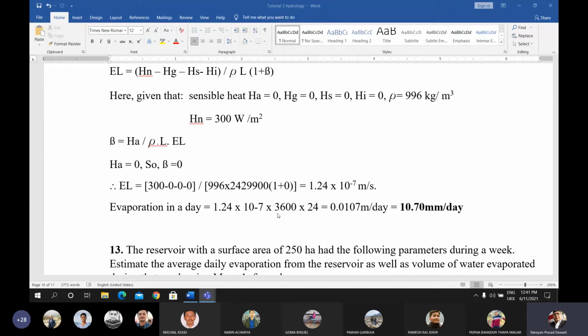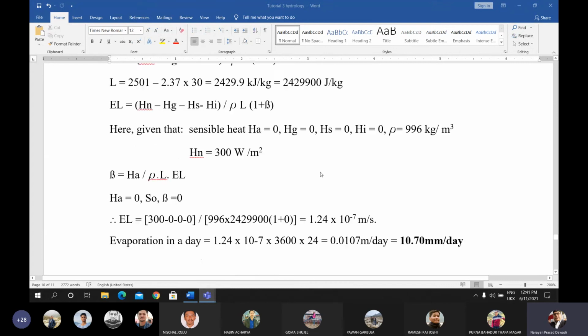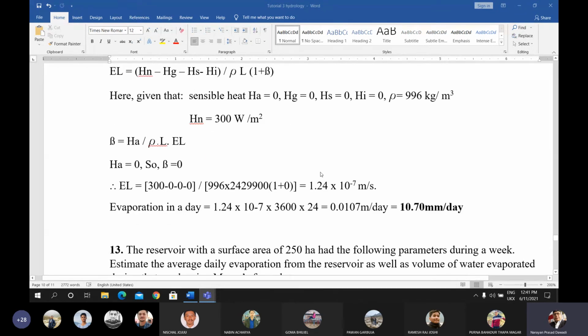So this value will go upper side and multiply with the 1.24 into 10 to the power minus 7 value, which gives the value of 0.0107 meter per day. If you multiply this value by 1000, you will get the value of 10.70 mm per day. This is the required evaporation loss in a day.